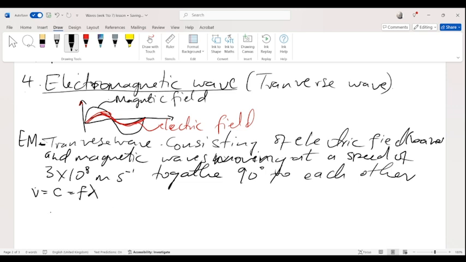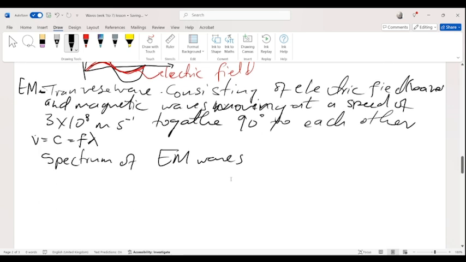Because of the electromagnetic waves, we have the so-called spectrum of the electromagnetic waves.